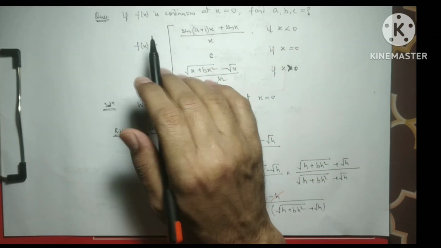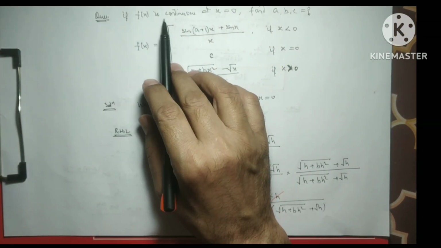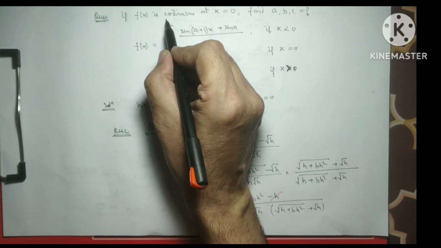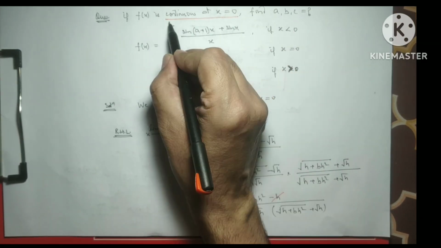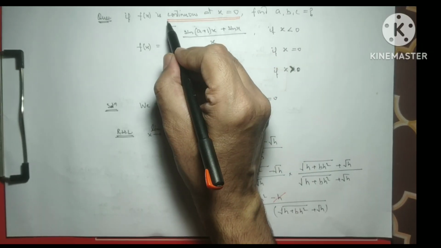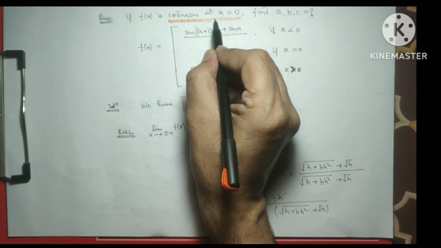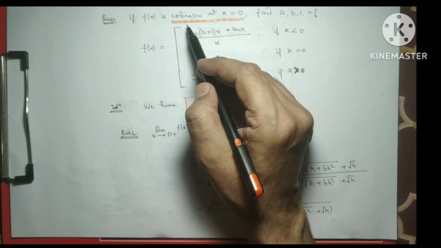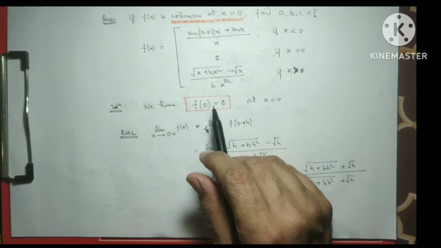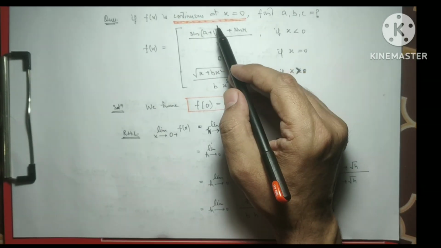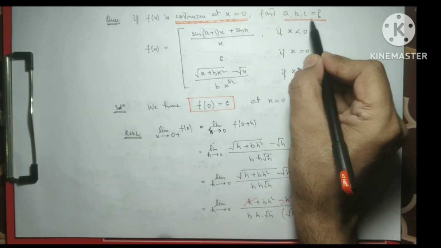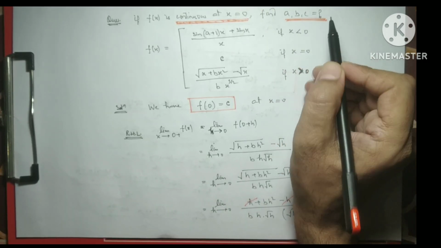Next question. The function f(x) is continuous at x equals 0. So this is the first hint to solve the question, that the function is continuous at x equals 0, and according to this we want to find the values of a, b, and c.